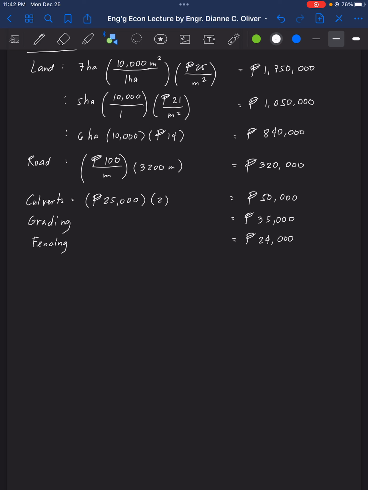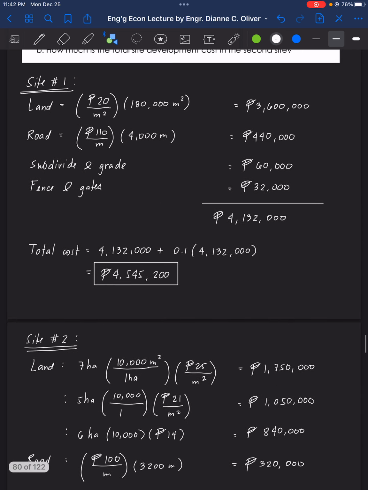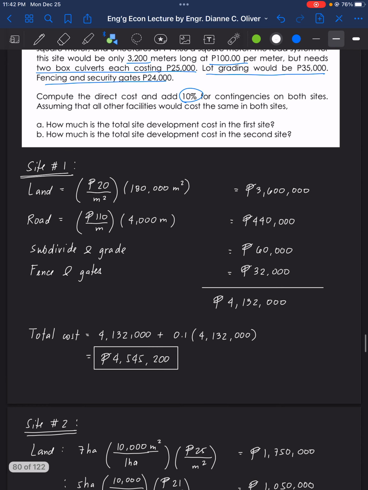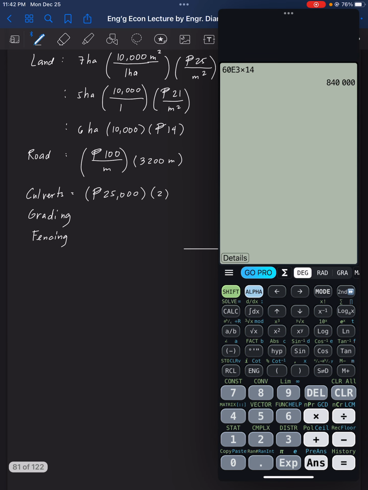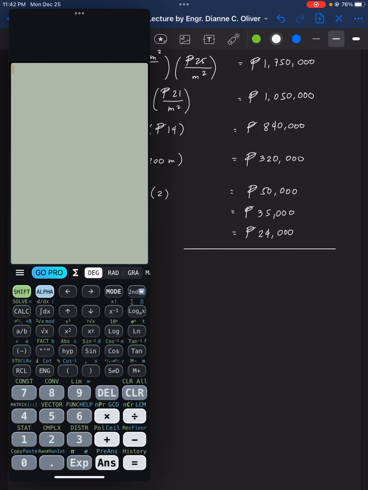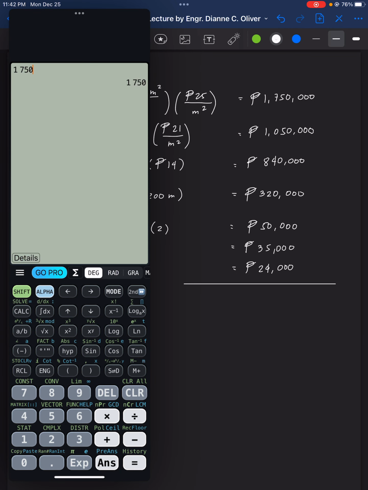Now what's the total direct cost? For the total direct cost, we have 1,750,000 plus 1,050,000 plus 840,000.